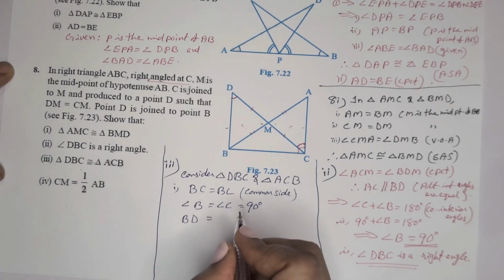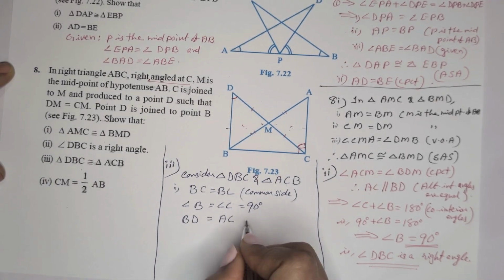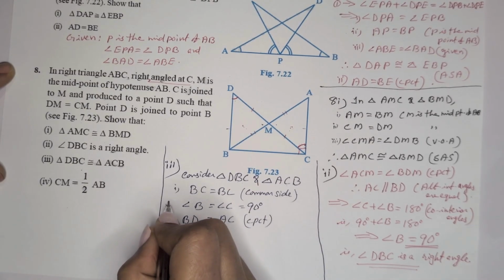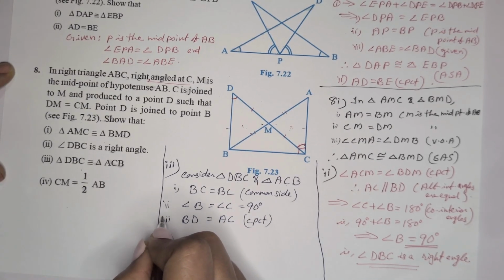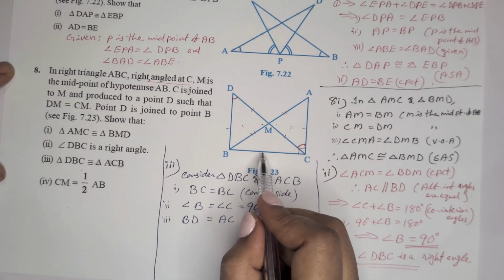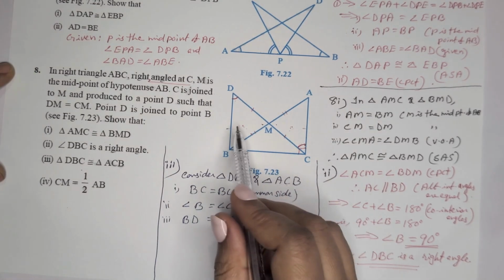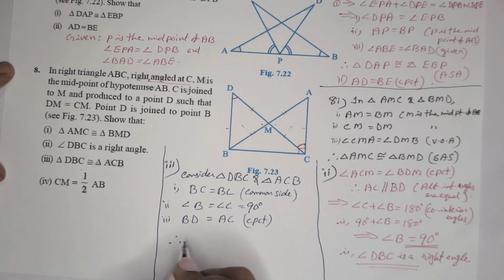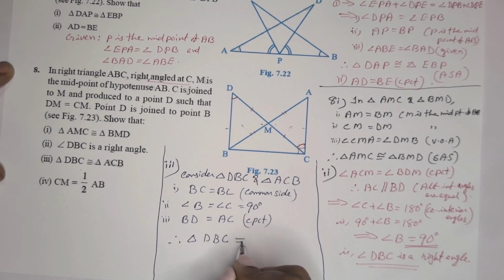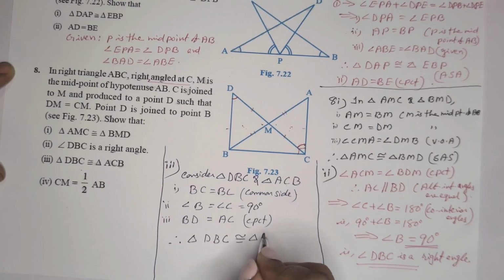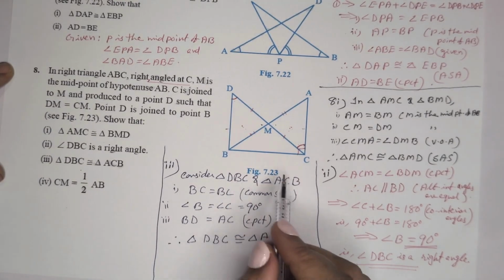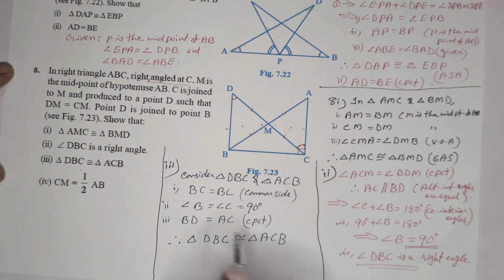BD is equal to AC by CPCT. Now three conditions we got: one is the common side, both the sides are equal, and the angle. So we can write therefore triangle DBC is congruent to triangle ACB by SAS, two sides and one angle.